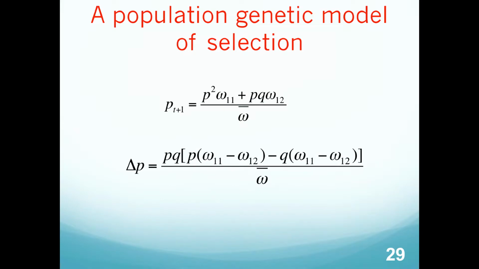And here's our full population genetic model. The frequency of A1 is given by p, and p in the next generation is going to be p squared omega 1,1 plus pq omega 1,2, notice there's no 2, over the mean fitness. And we can also calculate the change in p using this calculation.